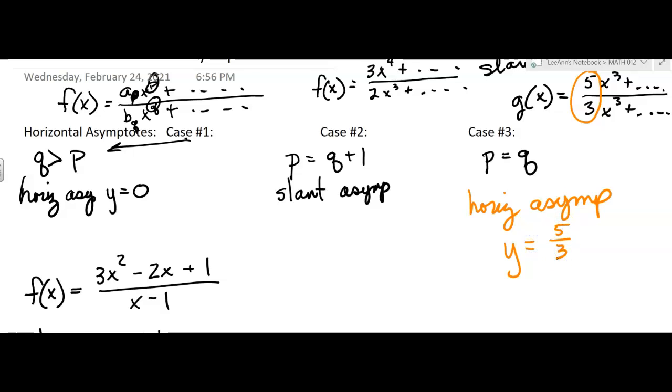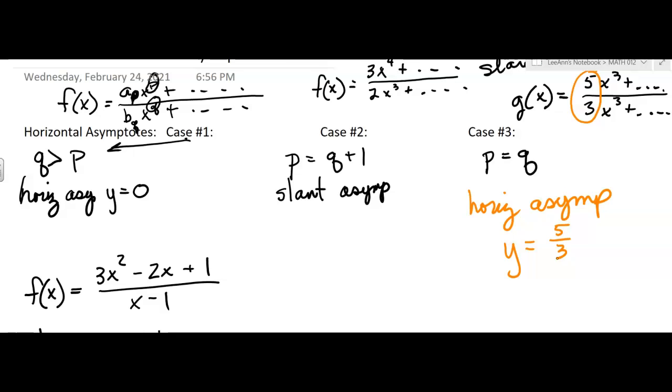Okay, so we're making horizontal asymptotes. Those are horizontal lines, and so you just have y equals a number, except for the slant asymptote. That's why it's called a slant asymptote. And so you get y equals 5 over 3, and that's where your horizontal asymptote would be. Okay, so those are the three cases.